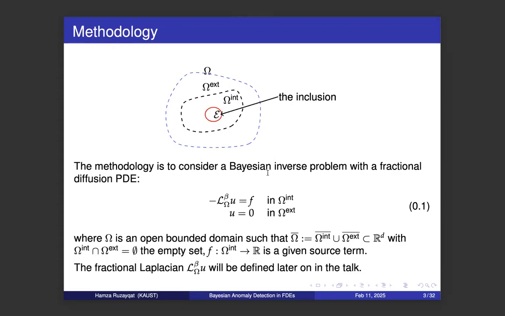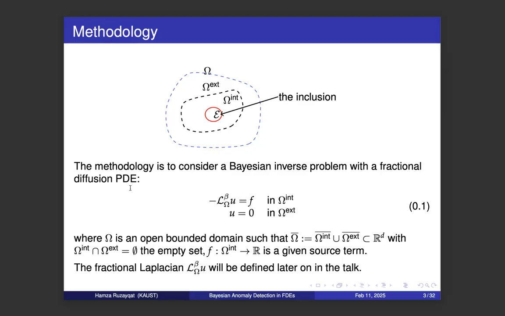So the domain of the problem is like this. Omega is this big blue region, and we have an anomaly inside a region called omega internal, and there is an omega external, which is the region between the black dashed line and the blue dashed line.